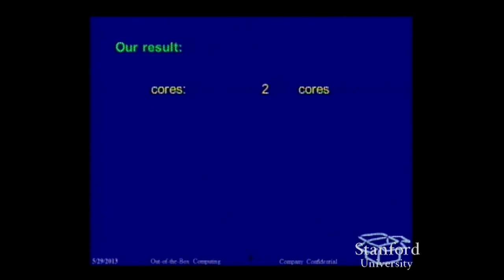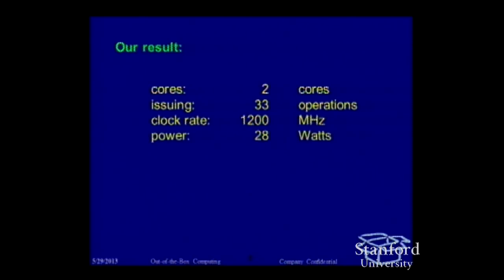The particular chip is 2 cores, issuing 33 operations per cycle each at a clock rate of 1200 megahertz, using 28 watts, and producing not quite 80 giga operations per second total.